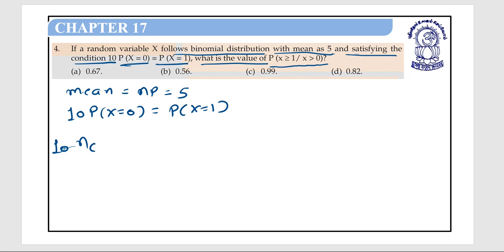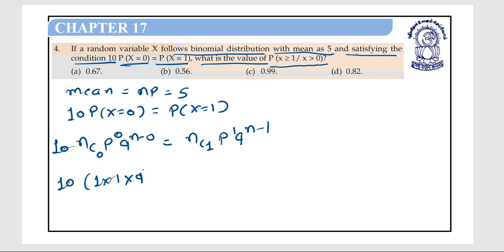So 10C10, sorry, p of x is equal to 0, so nC0, p raised to 0, q raised to n minus 0. nC1, p raised to 1, q raised to n minus 1. 1 into 1 into q raised to n.